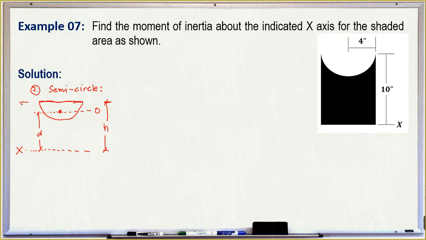And the distance from the topmost part of our semicircle to the centroid is y c bar. So sir, unsa man ang y c bar? This is the centroid of the semicircle. Paubos lang siya.